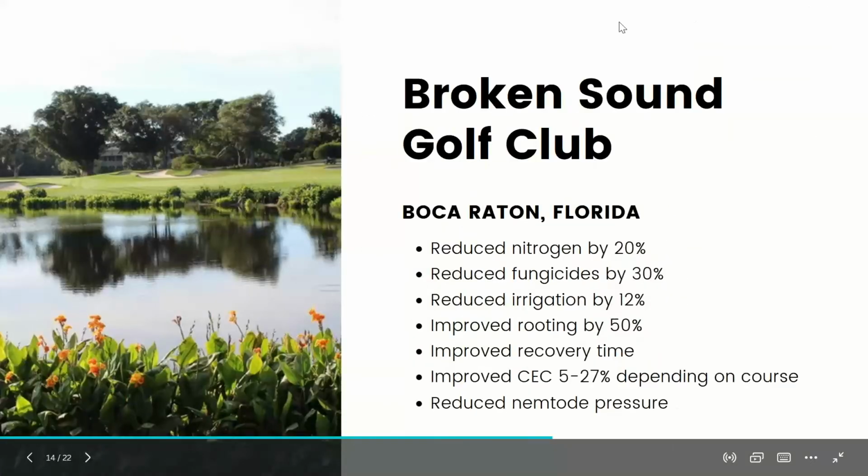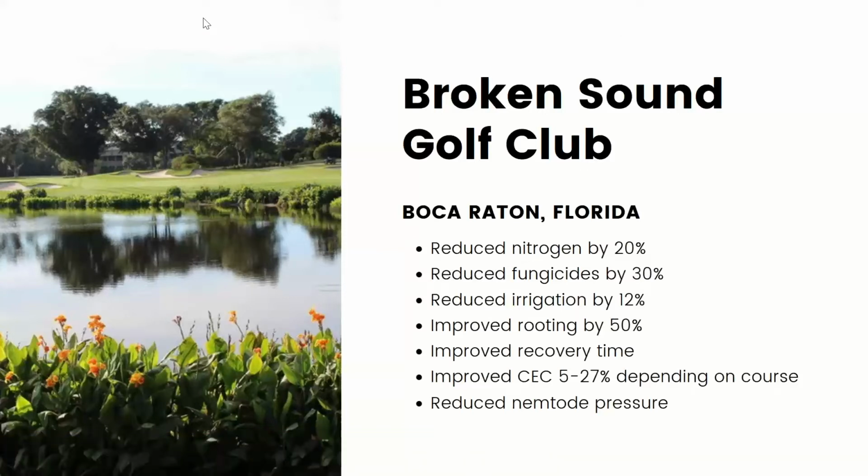So we're going to go through some of the case studies here. Broken Sound Golf Clubs in Boca Raton, Florida, they reduced their nitrogen by 20%. Not anything astronomical in comparison to what we saw in the university studies, but that was also a course that gets used for some PGA tournaments. So they're not going to take any chances on reducing beyond what they're comfortable with.